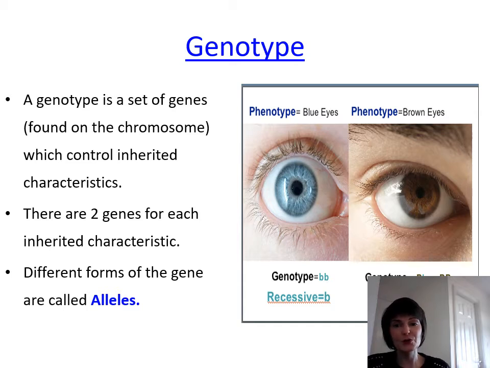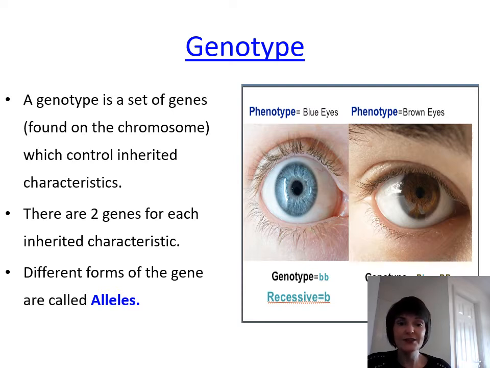I'm going to use eyes again as an example, as we did for phenotype. We've got blue eyes and brown eyes, but the genotype is represented by letters because we are looking at the genes for that particular characteristic. Now, different forms of a gene are called alleles.